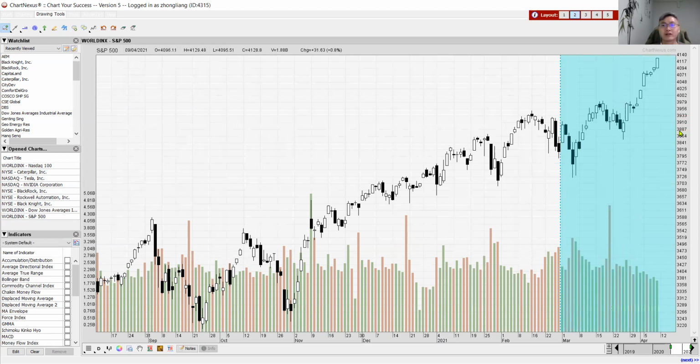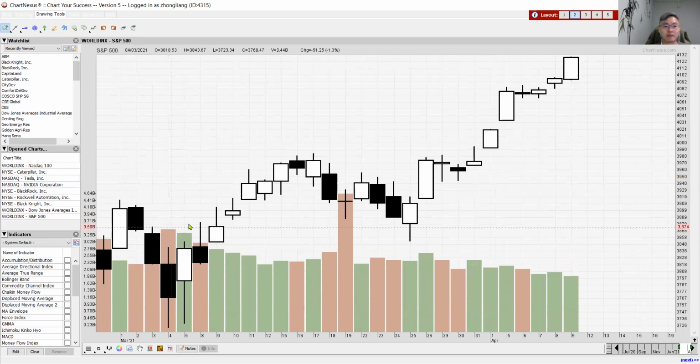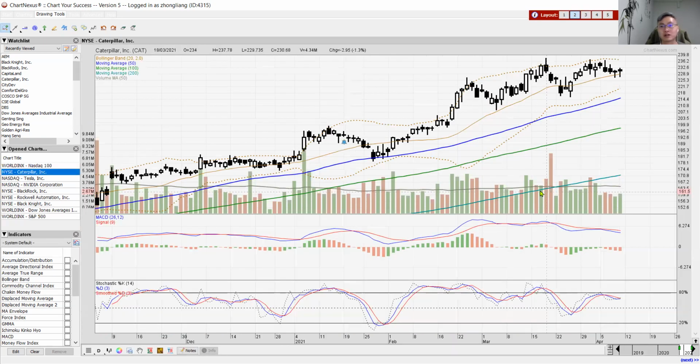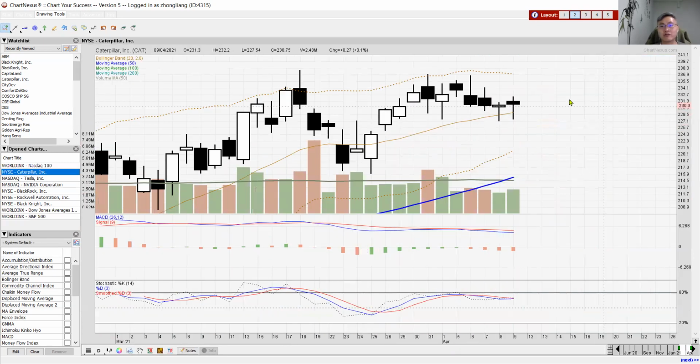other than that, some counters that may interest you. You remember Caterpillar? It's on the uptrend, so it's holding very well at the support level and from the second hammer here. So this presents an opportunity, especially if we have a closing above 232, and that will give us a confirmation that this counter may retest resistance 236.